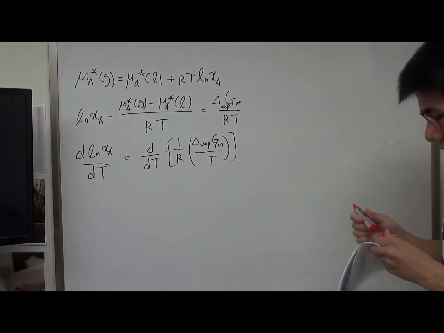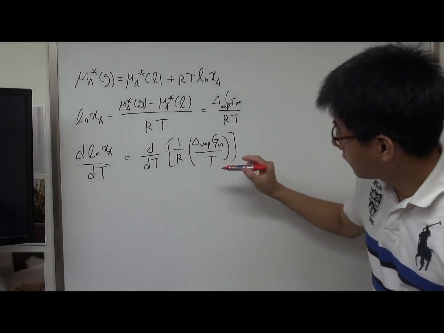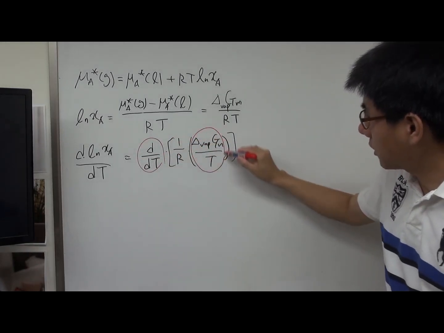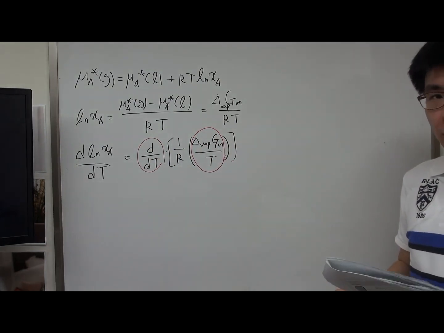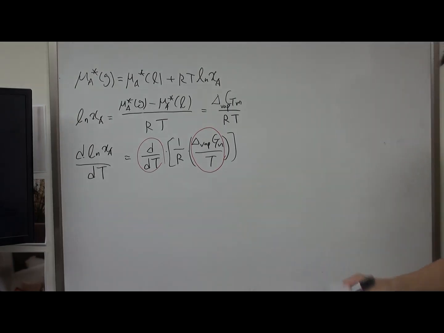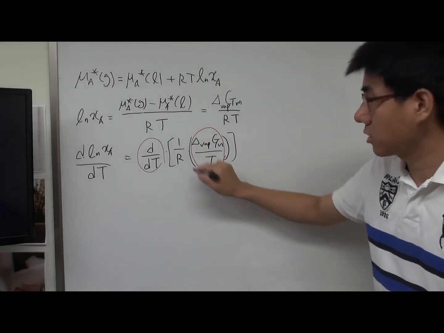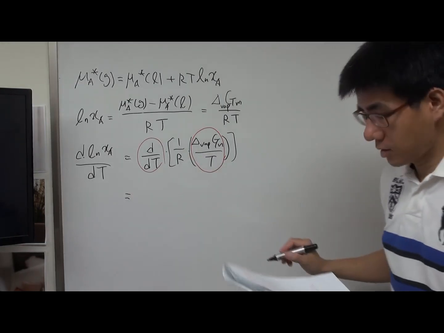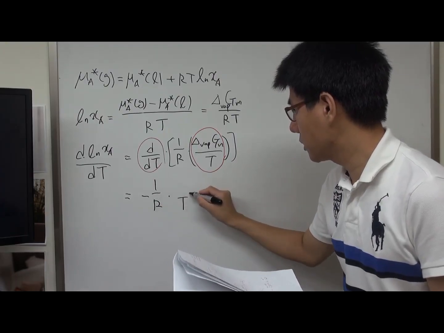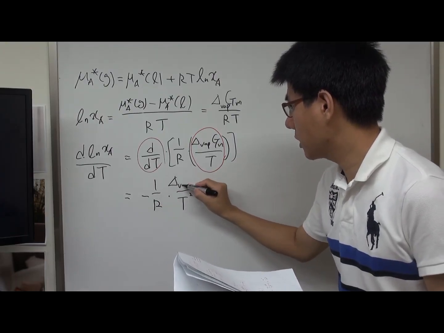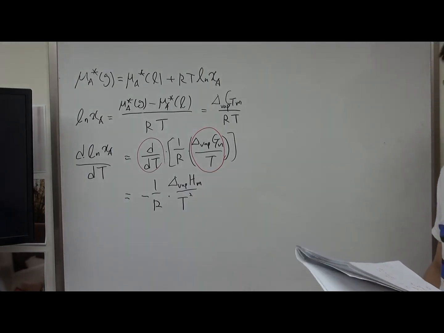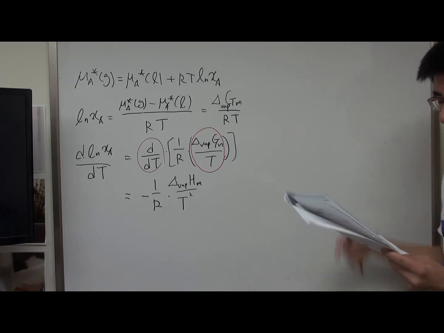If you recall, if you take the derivative as a function of temperature for Gibbs energy over T, which was the Gibbs-Helmholtz equation, what you get is minus delta H over T squared. Okay, remember? You can check the Gibbs-Helmholtz equation.